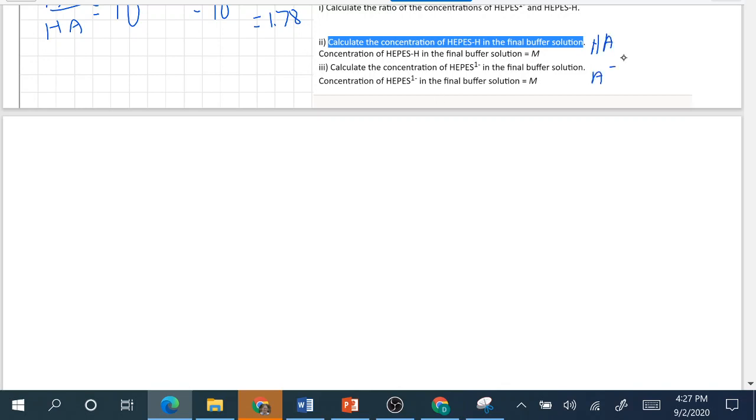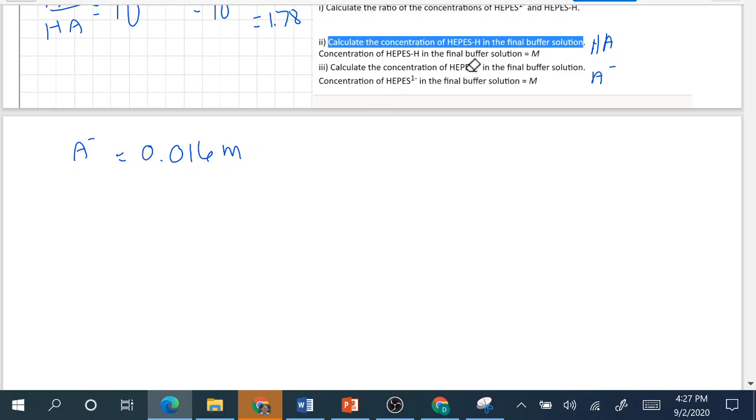If you go back to the previous video for problem 13, you'll see that we calculated our A minus to be equal to 0.016 molar, and we calculated that using the set of two equations. So we calculated that in the previous video.